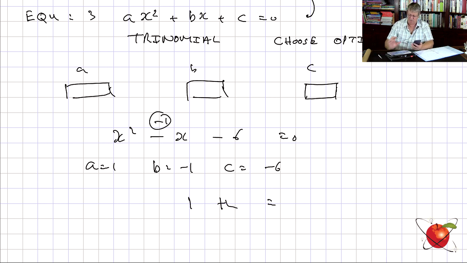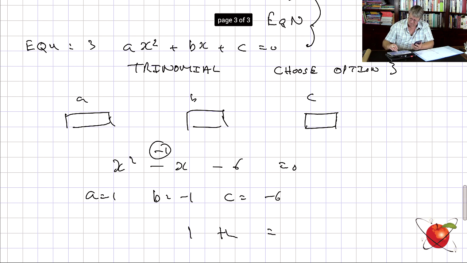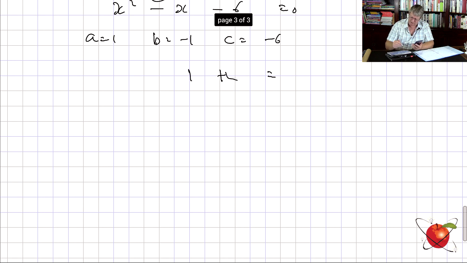And it inputs it, and it moves it across to B. Under B, I'm going to press minus 1, equals, and it puts a minus 1 there under B. Then for C, we're going to put minus 6, equals. Then press equals again, and it comes up with this. x1 equals 3.